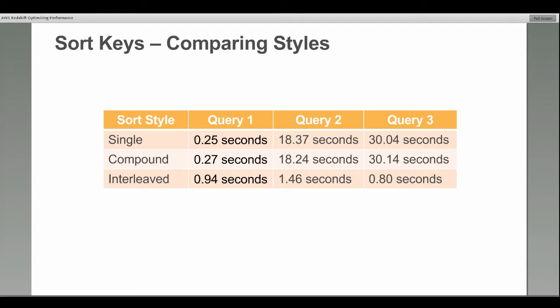You can compare 1.6 seconds versus 18 plus seconds, or 0.8 of a second versus 30 seconds. What happened here is that equal weight was given to the columns that I specified in my query. Even though I specified the third column before the second in my filter, I still got a performance benefit.